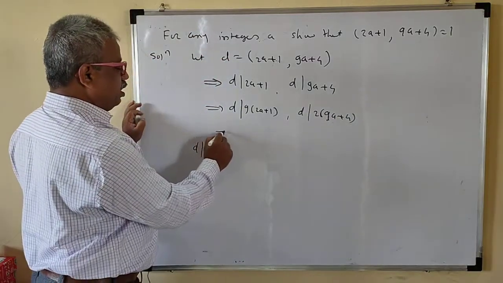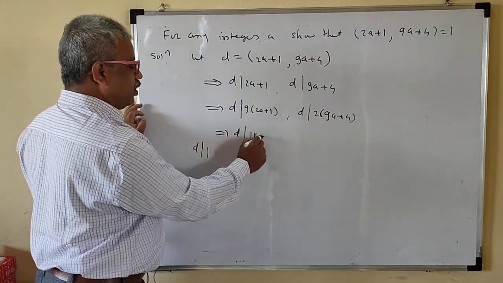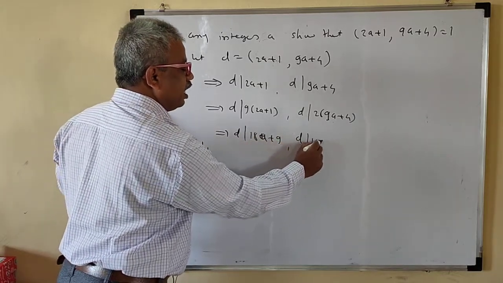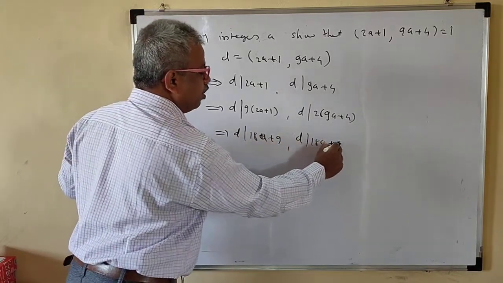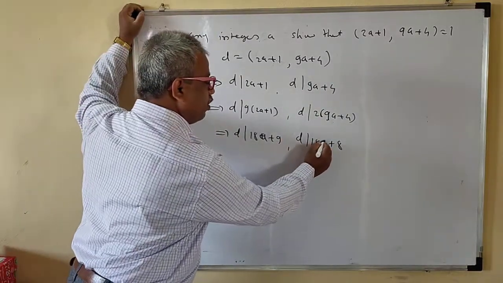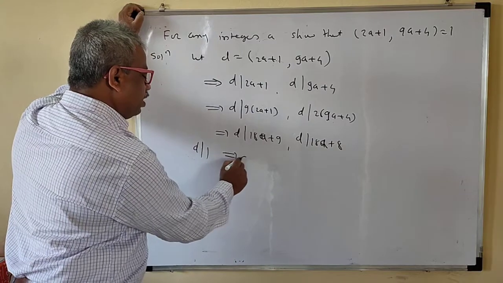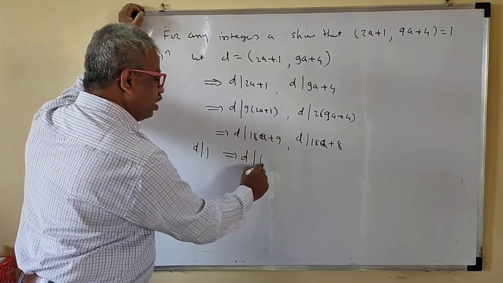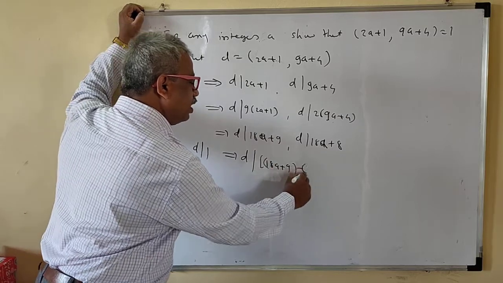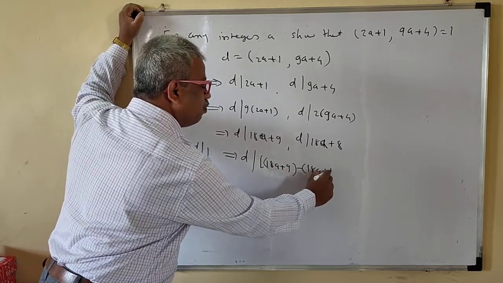What does this imply then? D divides 18a plus 9, and D divides 18a plus 8. What does this imply then? D divides 18a plus 9 minus 18a plus 8.